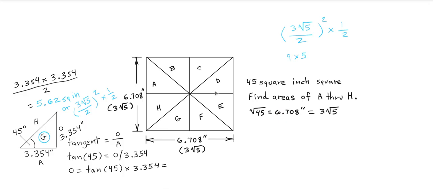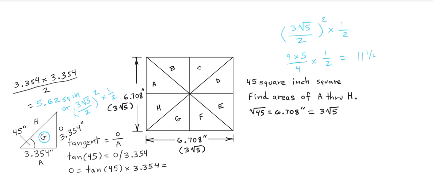So this becomes 3 squared, 9, radical 5 squared is 5, over 4, times 1/2. So this becomes, if we focus just on the first fraction, 45 fourths.